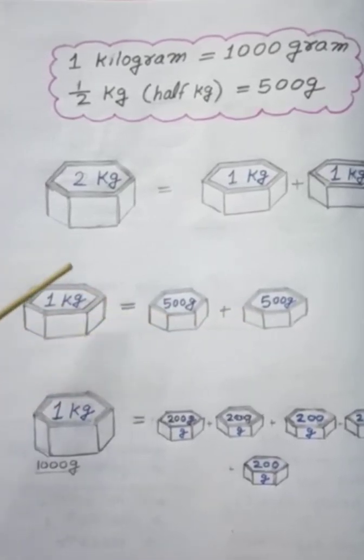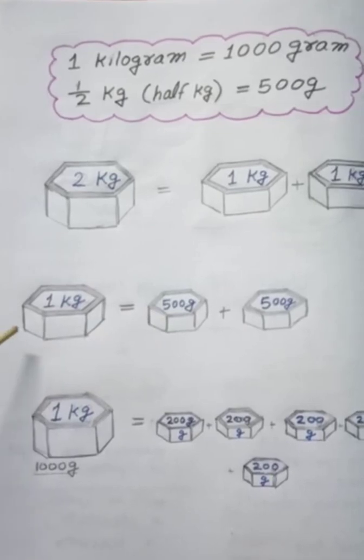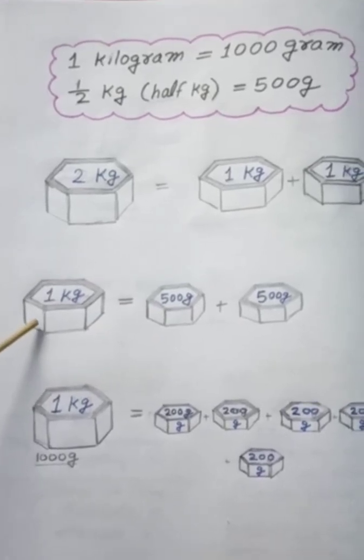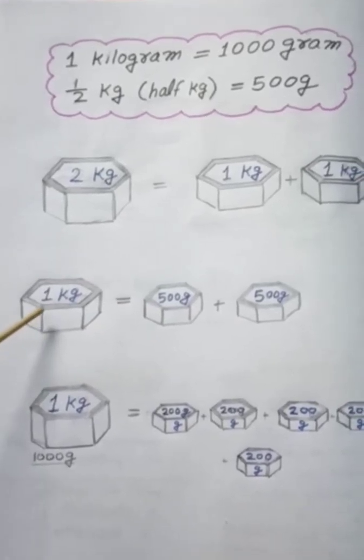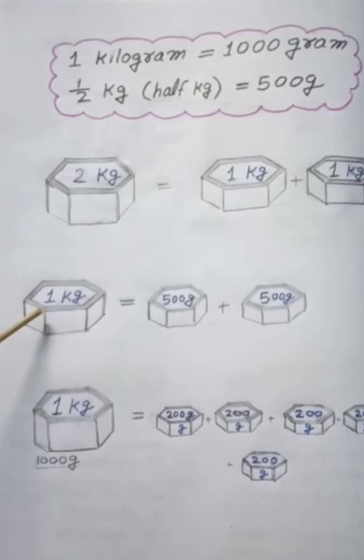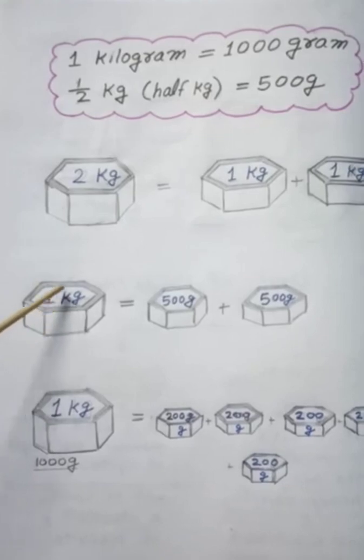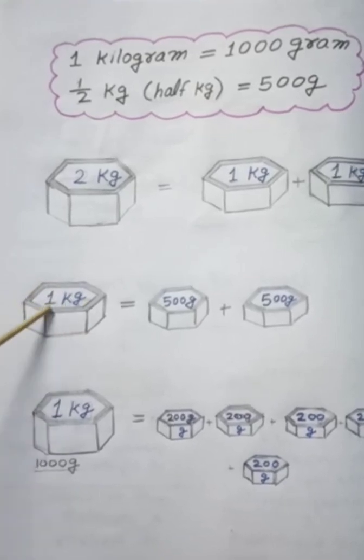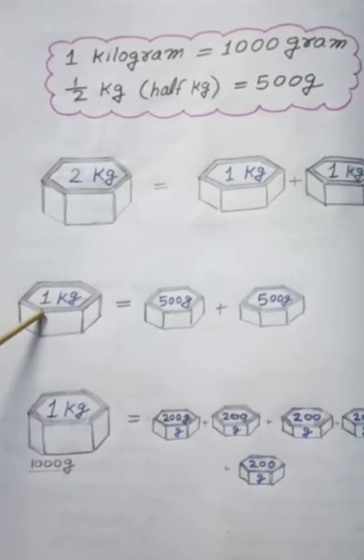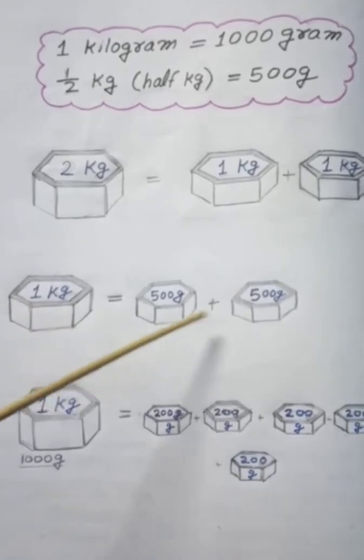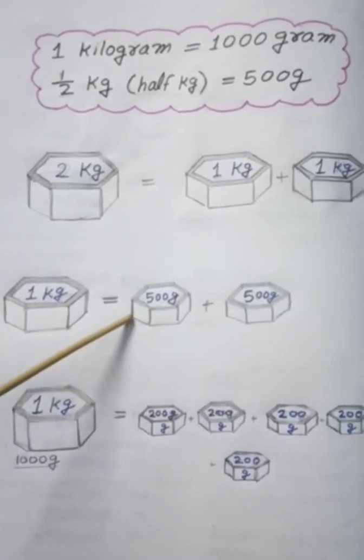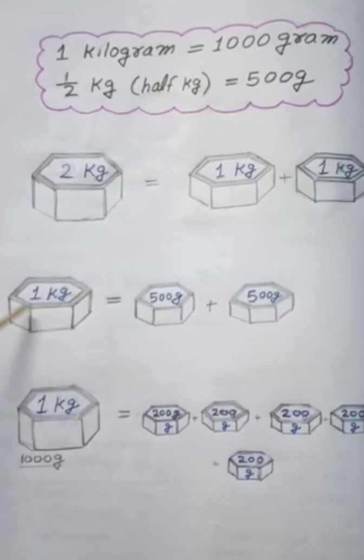So suppose you have to take 1 kilogram sugar. If you ask the shopkeeper to give you 1 kilogram sugar, either they will use the 1 kilogram weight to measure that sugar, or they will use 2 weights of 500 gram, right? Why?